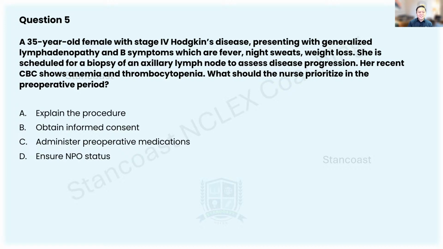Her recent CBC shows anemia and thrombocytopenia. What should the nurse prioritize in the pre-op period? Is it A, explain the procedure, B, obtain informed consent, C, administer pre-op medications, D, ensure NPO status?